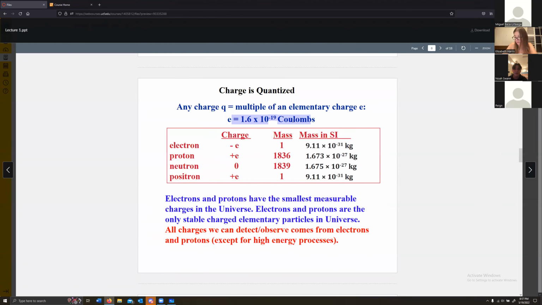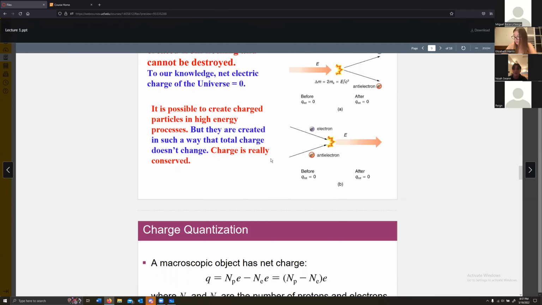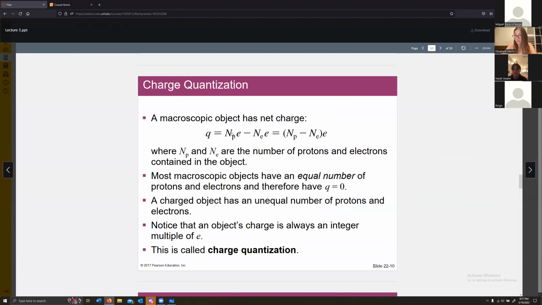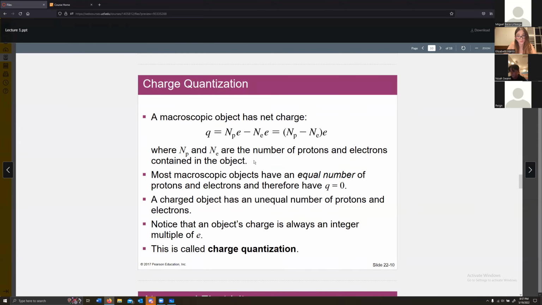The e means an electron. So you have the number of protons times the charge of an electron, because they have like charges, minus the number of electrons, and that's going to give you the macroscopic net charge of an object. Obviously, if you have more electrons than protons, this number is going to come out negative. And if you have more protons than electrons, this number is going to come out increasingly positive. And that's how that works.